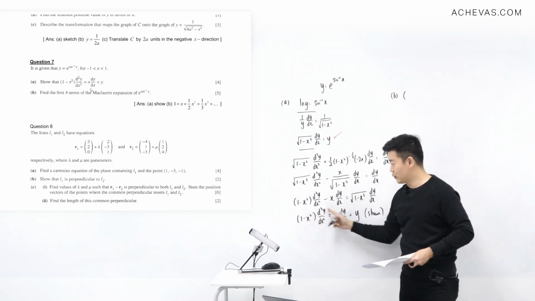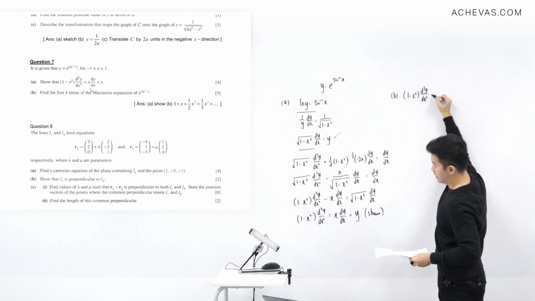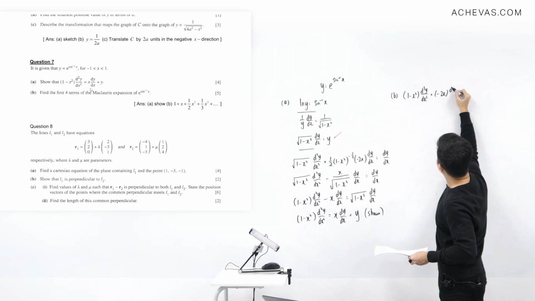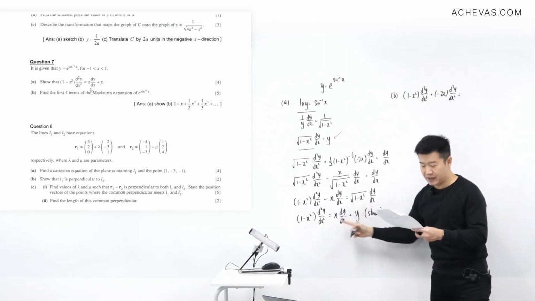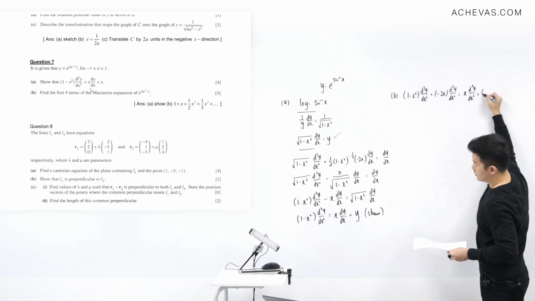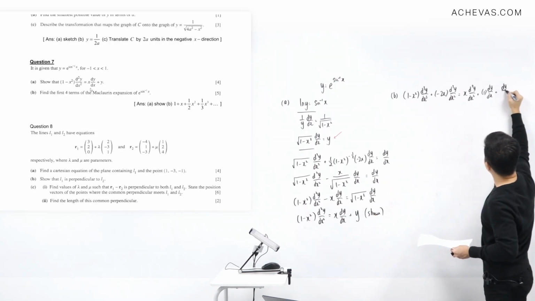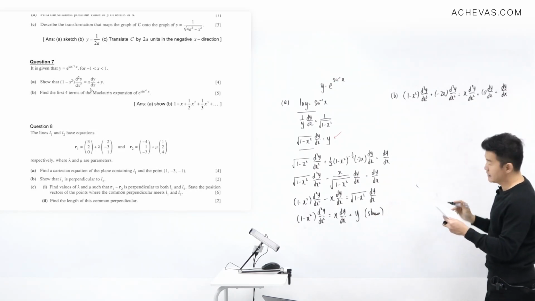Applying product rule to this, we'll have (1 minus x squared) d cubed y dx cubed, plus minus 2x multiplied by d squared y dx squared, is equal to, again applying the product rule to this, x d squared y dx squared plus 1 times dy dx, plus differentiating y with respect to x, it is still going to be equal to dy dx.